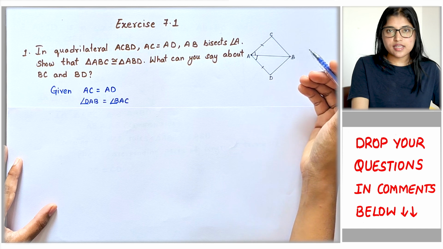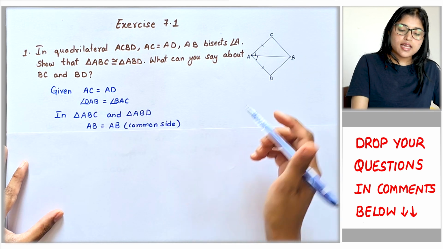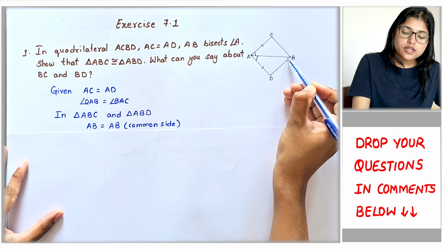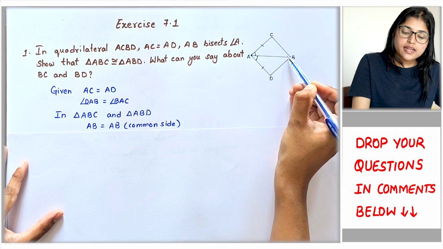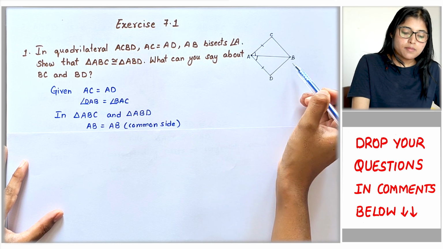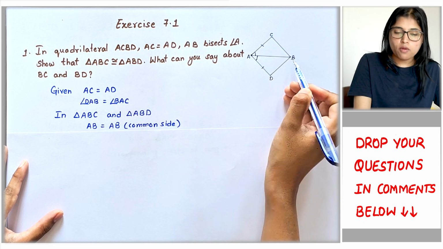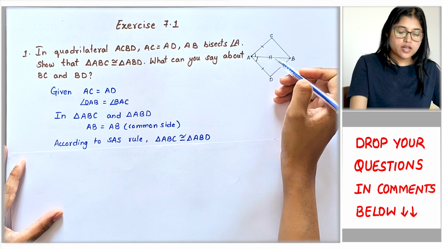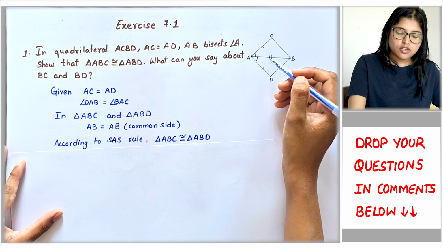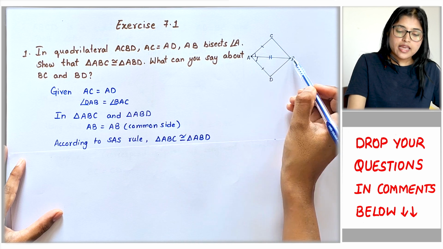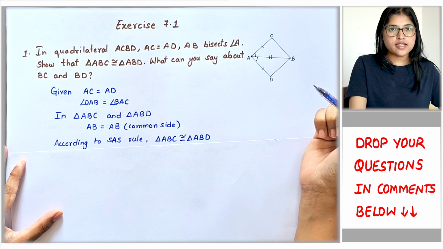Let's see what else is equal. So I can say AB, that is this line over here, is common to both triangle ABC and triangle ADB. So I can write AB equals AB, which is the common side. Since this side is equal, I can use the SAS congruency rule and say triangle ABC is congruent to triangle ABD.